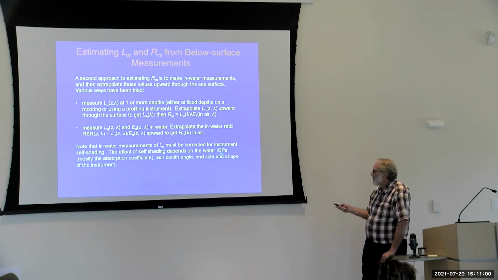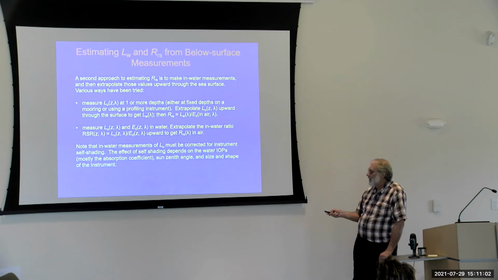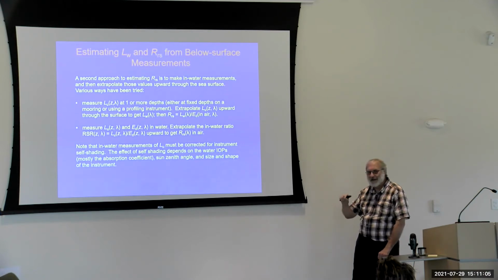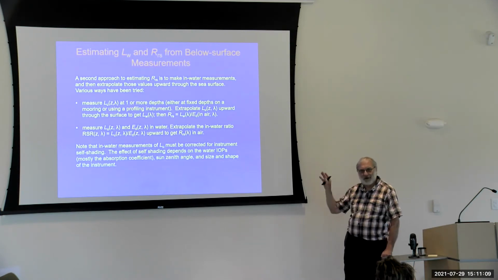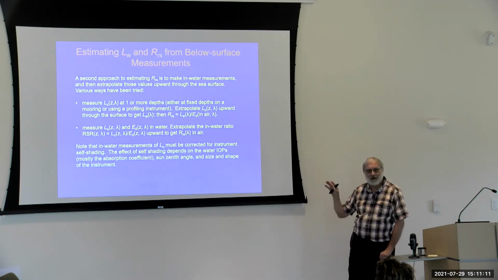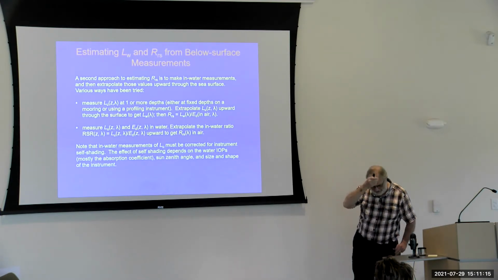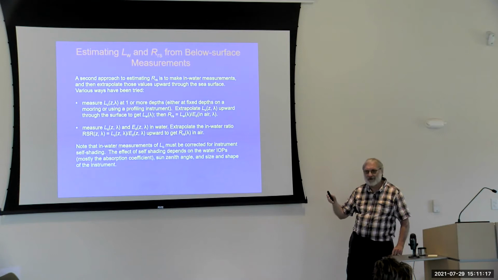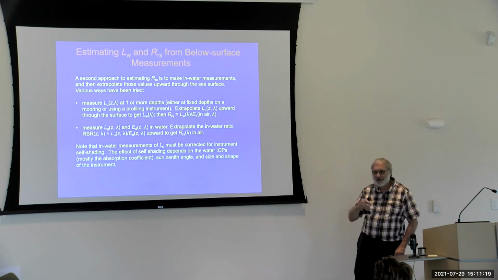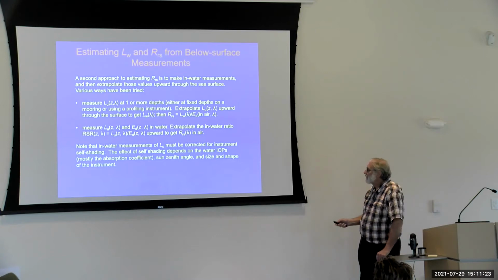You need to know the water IOPs in order to compute the KLu. But if you knew the water IOPs, you probably wouldn't have to do this anyway. You'd already know what you were after. So this is another example of Mobley's law of conservation of misery. There's just no way, it doesn't matter how you do it, there are problems.